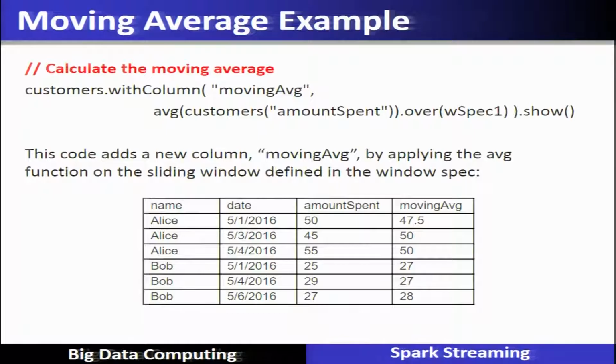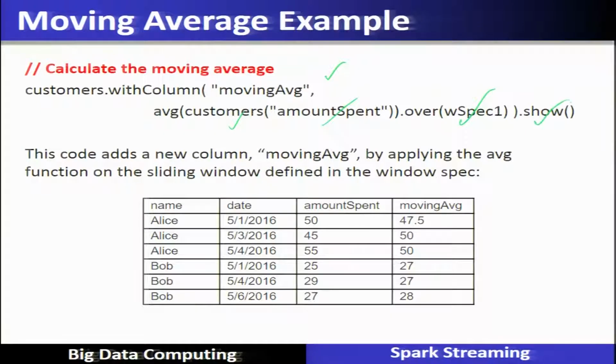Now let us calculate the moving average using this Scala command: customers withColumn moving average, which we calculate using the average of the amount spent over the window specification which we have shown.